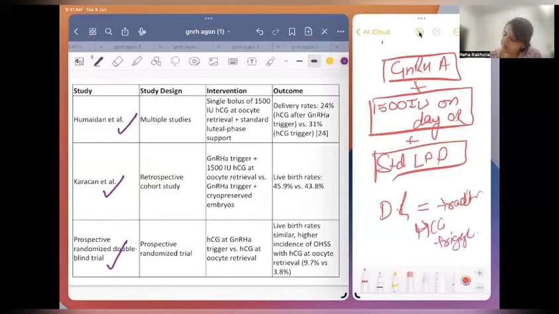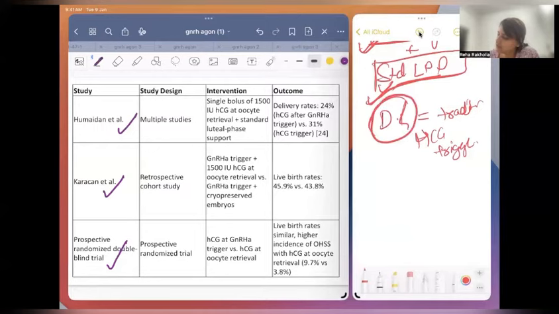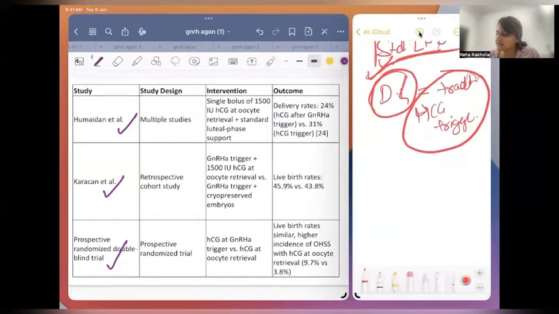When we gave GnRH agonist with HCG 1,500 international units on the day of oocyte retrieval and standard luteal phase support, the delivery rate was equivalent to traditional HCG trigger.